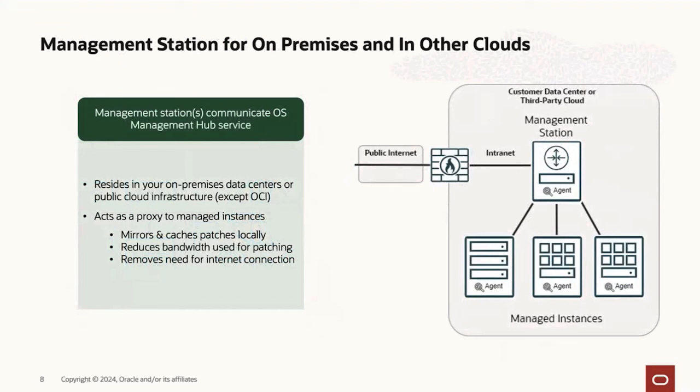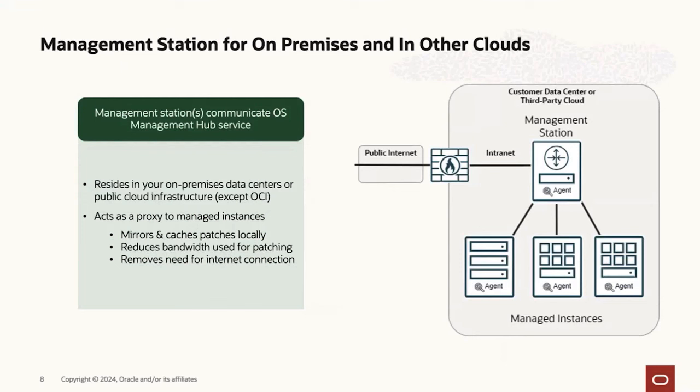In the case of the on-premises or third-party cloud instances, they require a management station to act as a network proxy to communicate with the service and act as a local YUM and DNF mirror of Oracle Linux software sources, that is repositories. Only the management station directly communicates with the OS Management Hub, eliminating the need for your managed instances to directly communicate with OCI.